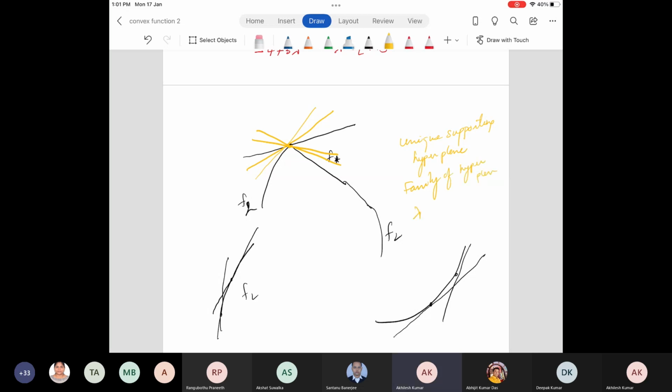What we did is a kind of convex combination here, lambda del f1(1) plus (1 minus lambda) del f2(1), where lambda belongs to [0, 1].